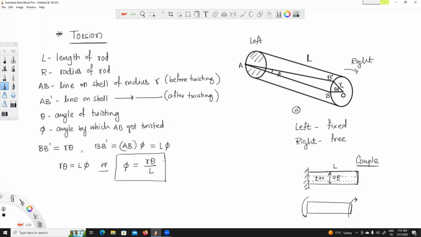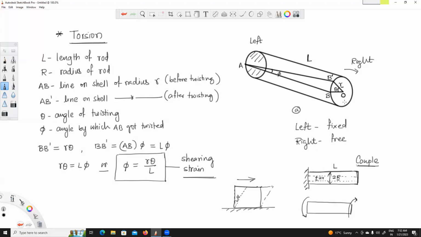So we have derived the relation between phi and theta, and this phi is basically what? This is nothing but the shearing strain. So look at this particular. If you know the meaning of shearing strain, if you assume a similar condition, so let us consider this square block which is fixed at one end, and if you apply a tangential force, it gets shifted to a certain new configuration like this, and the angle by which it gets shifted is known as shearing strain.